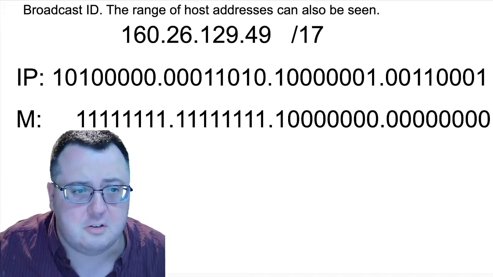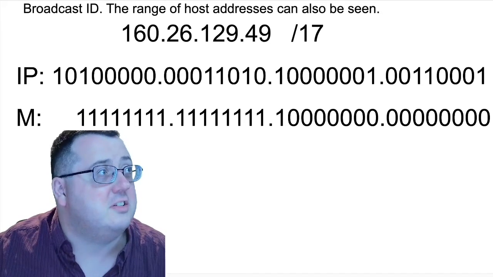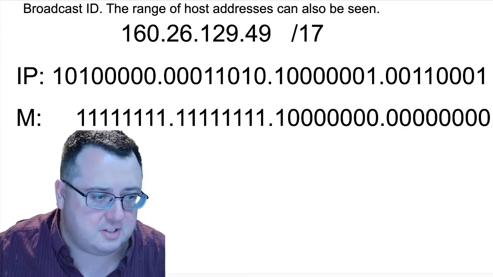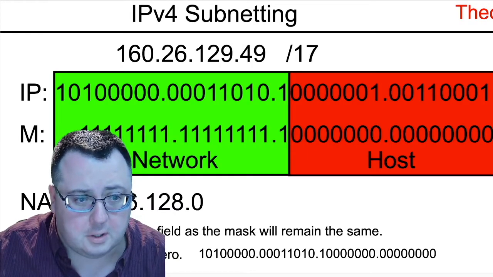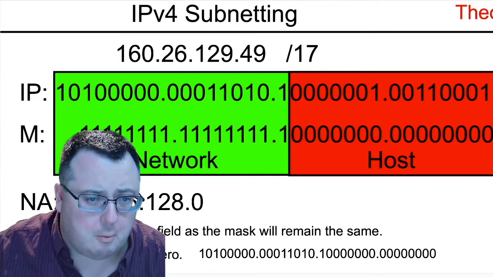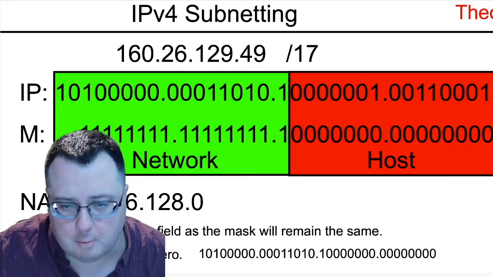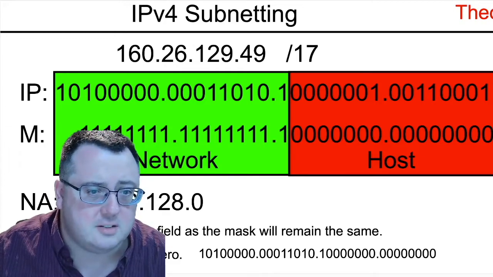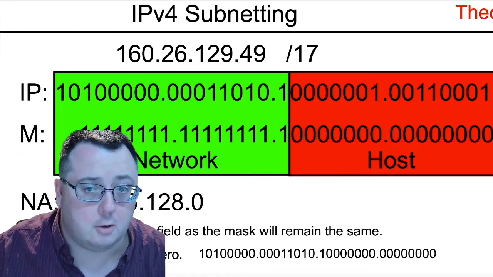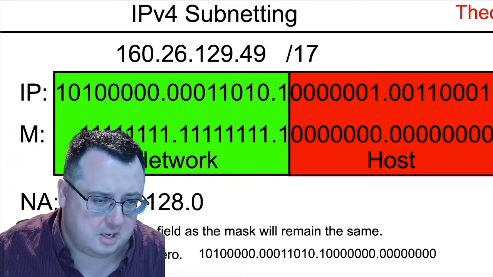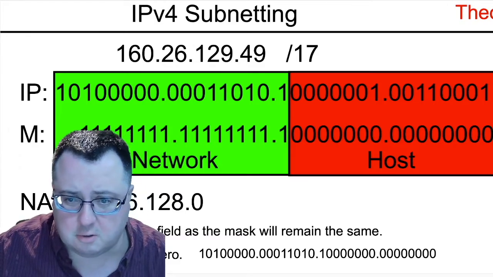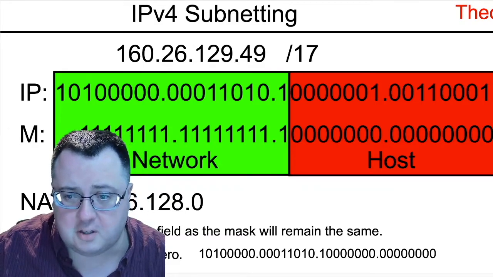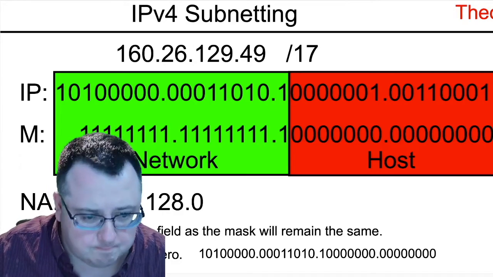So how do we use that once we've got an IP address and a mask as seen in the question? Well, the /17 part, all the ones represent your network part of the address, and all the zeros of the subnet mask represent the host portion.